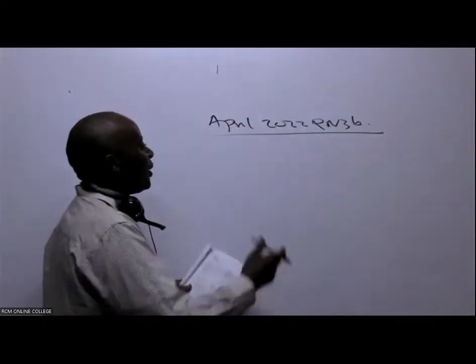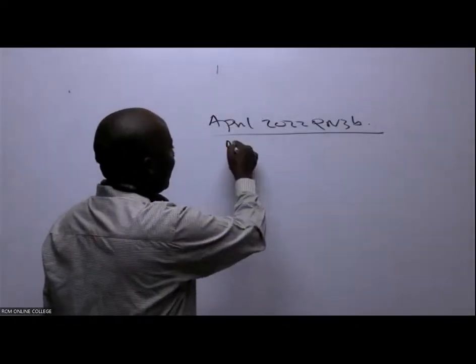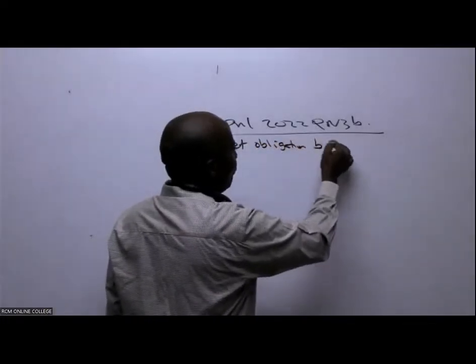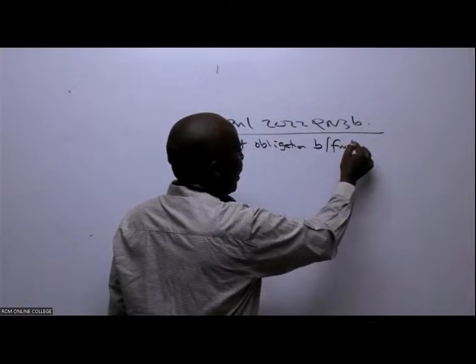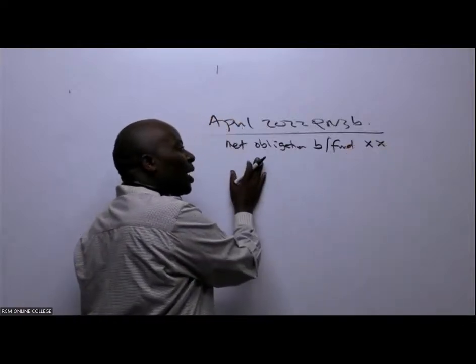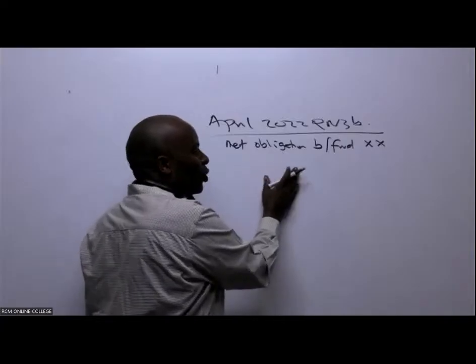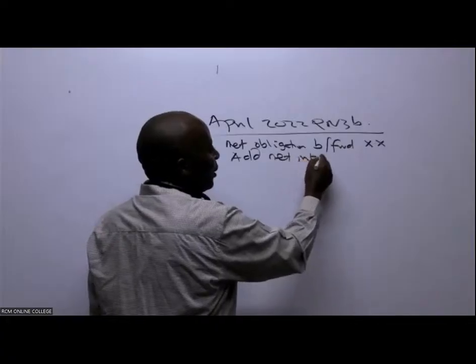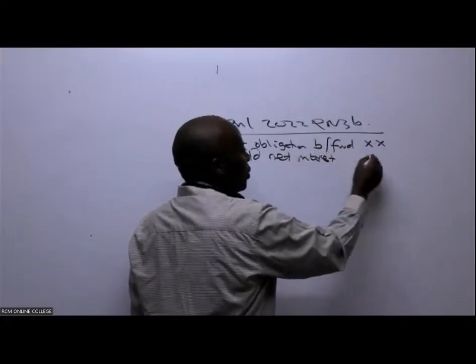What do we do? Ladies and gentlemen, this is what we do. We normally take the net obligation brought forward. You assume it's a loan which has been given to you. So you add interest, you add net interest on this obligation.